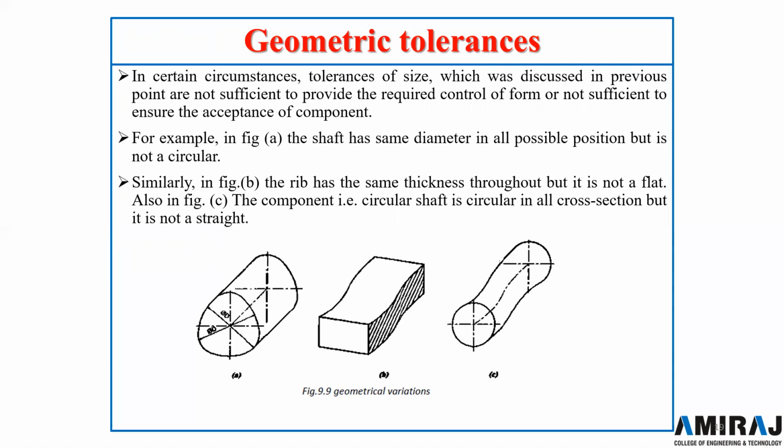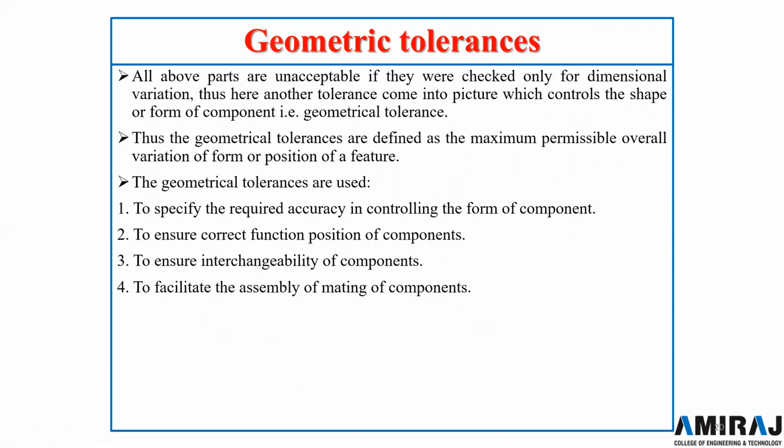Also, in figure C, you can see that the circular shaft is circular in all cross sections, but it is not straight. If we take the cross section of these components, we will get the same dimension for all three components, but they are not the same, as they have different geometric tolerances.